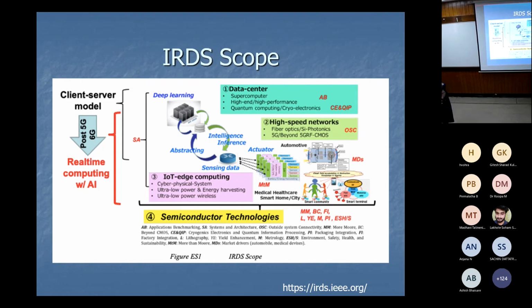So the scope of IRDS, how it has increased: the trend shows a clear paradigm shift happening from the chip to the solutions. You can see here, with 6G and all, it is giving us unlimited computing with cloud servers, right? The entire cloud is at your disposal as a developer, if you are a solution architect or solution designer.